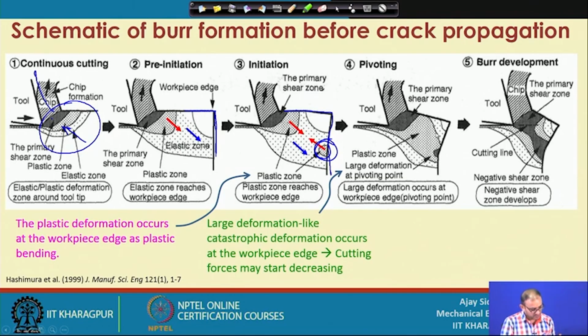So, large, catastrophic deformation occurs at the workpiece edge, and the cutting force may start decreasing, because the total resistance to deformation from the workpiece reduces. You are getting one additional deformation from the workpiece side, not from the tool side, and this whole part becomes a little bit soft, and our objective is to cut from here to here.